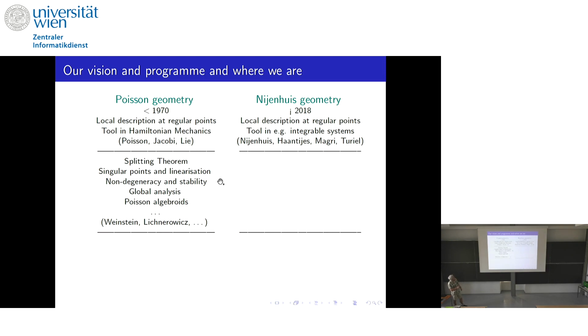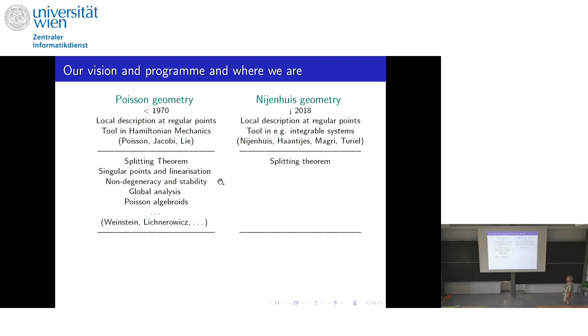They proved the splitting theorem for Poisson structures. They suggested studying singular points, getting first results, and realization and stability. They also suggested looking at global structure of Poisson structures and constructing associated structures, Poisson algebroids. It was started by Weinstein and Nijenhuis, but it appears to have become a science; nowadays it is a science.